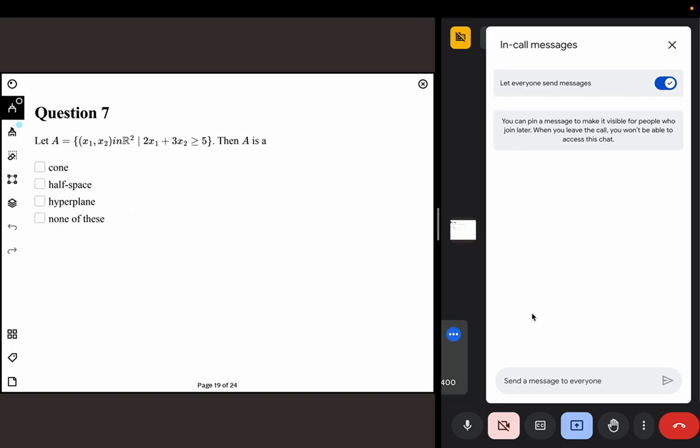Okay, well, how about this? This is in R2 and I have a linear inequality constraint. So which of these is true for this? Let's go one. Can I call this a cone? This will be some line like this. Say this is x1, this is x2, some points here.